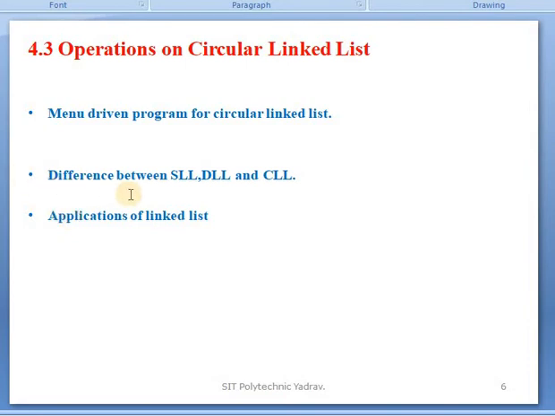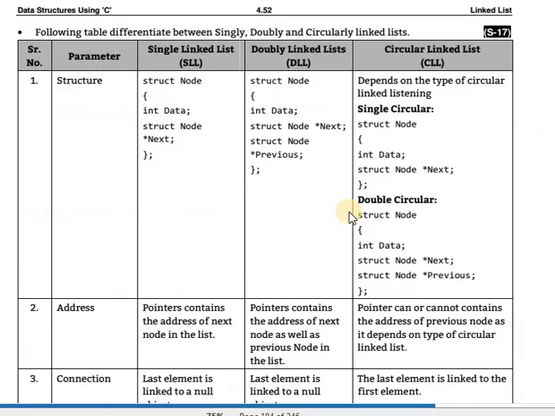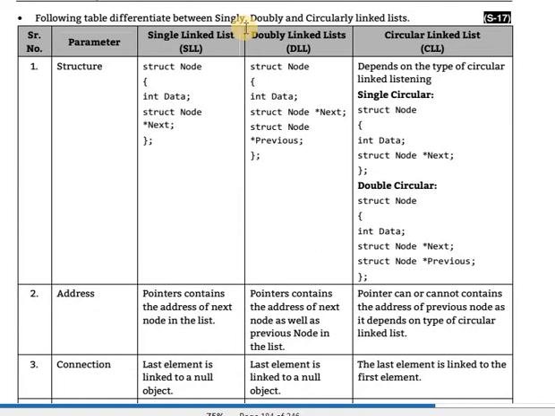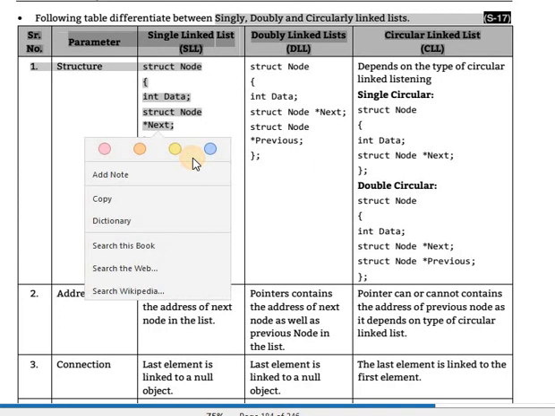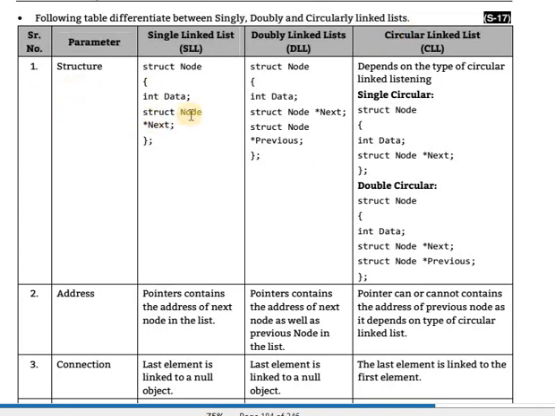Next point will be taken: the difference between SLL, DLL, CLL. After that, applications. Here, the following table differentiates between singly, doubly and circular linked lists. In that, there are parameters, and in each column one by one the lists are there: SLL, DLL and CLL.